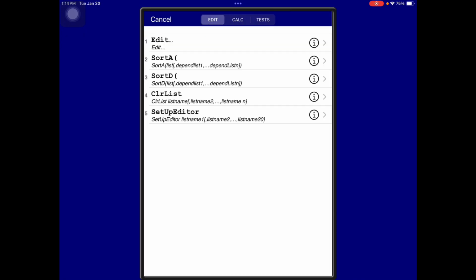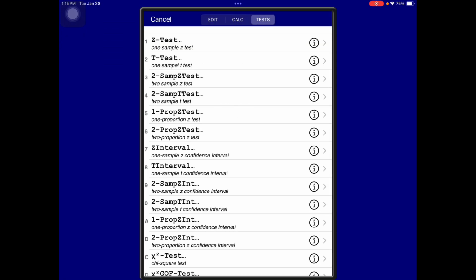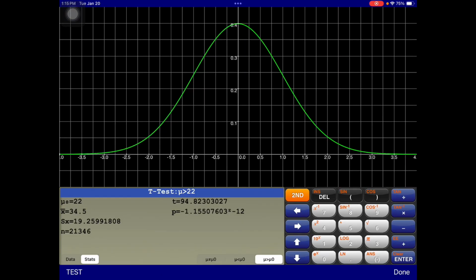On the graphing calculator, select Stats, go right to Test, and this time we are using t-test. You'll notice that you can toggle between Data and Stats. Since we're given summary statistics, I'm going to leave it on stats. Our mu naught is going to be what we have in our null and alternative hypotheses, which is 63.7.